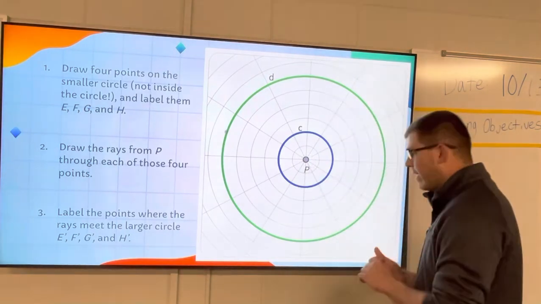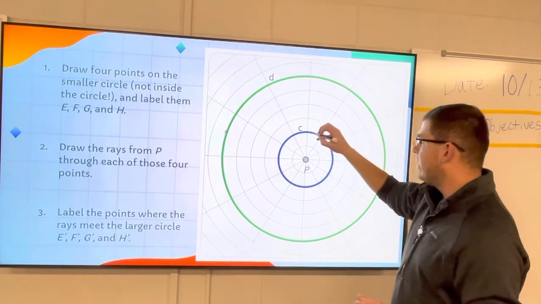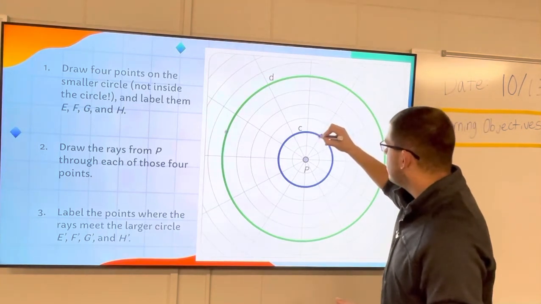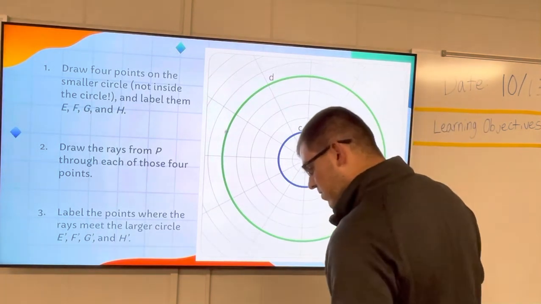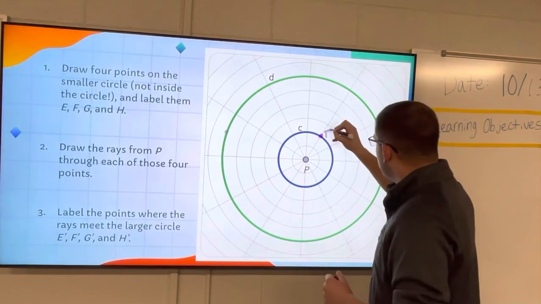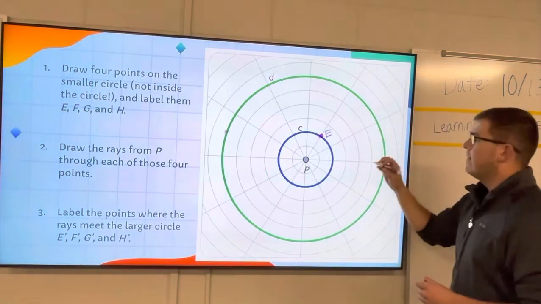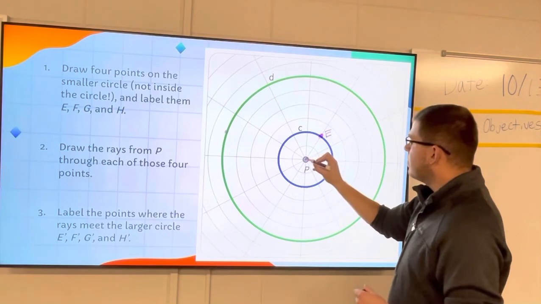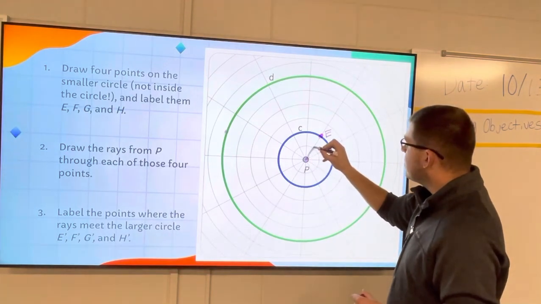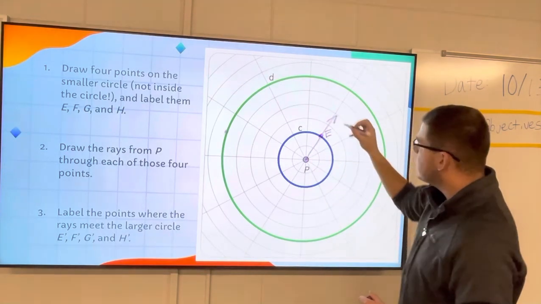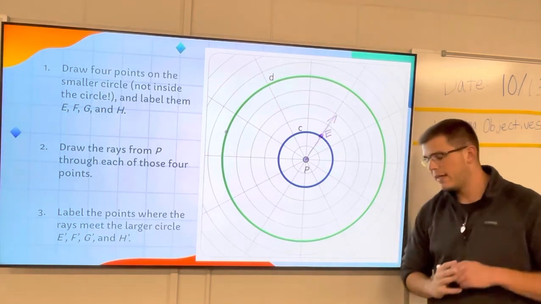So I'll just give you an example. I'm on circle C. I'm going to draw a point here. It's asking me to label it E. Then I'm going to draw a ray from the center point P that intersects the point that I just created.